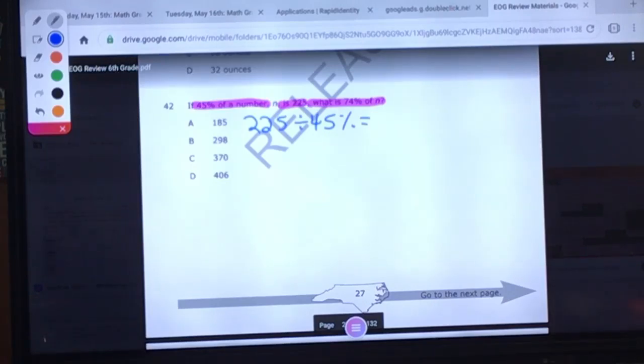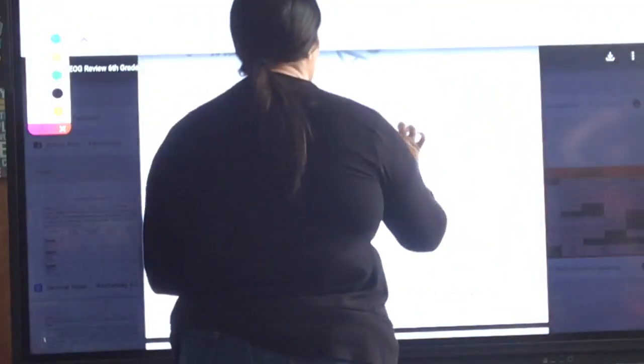So again, you're using 45 and the percent symbol and you're getting your answer. So raise your hand if you got 500. Okay? So that is technically the answer to this question that I had you do.